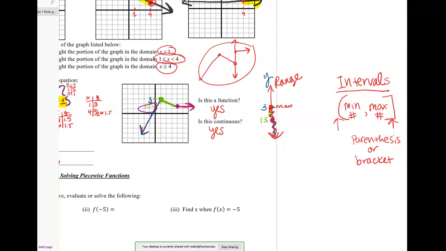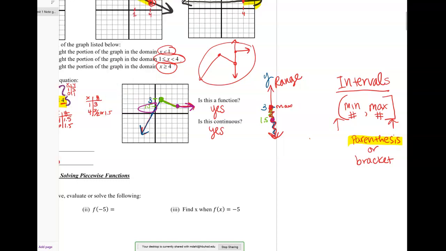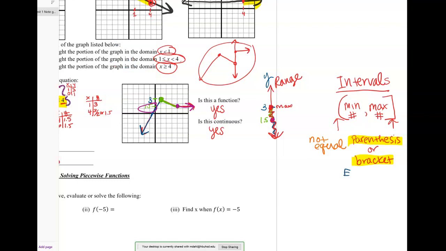What's the difference? If you're using a parenthesis, sorry, this little bar is right in the way. All right, if we're using a parenthesis, that means not equal. If you're using the square bracket, that means equal to.